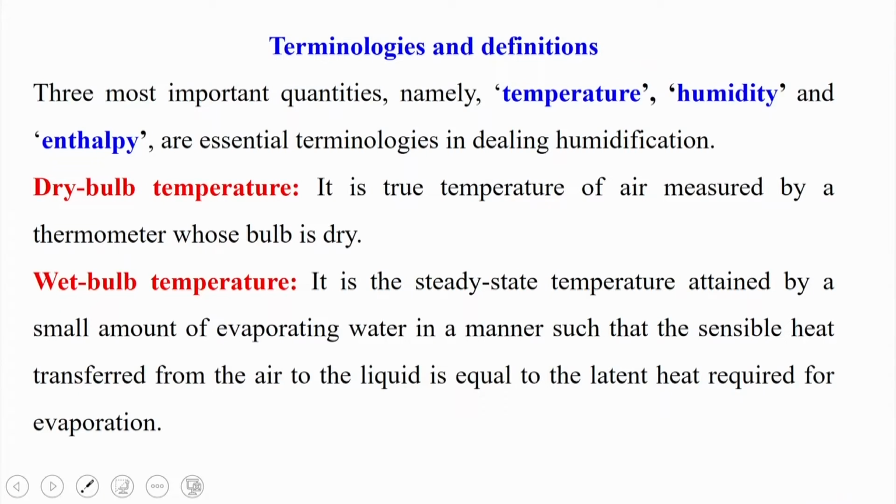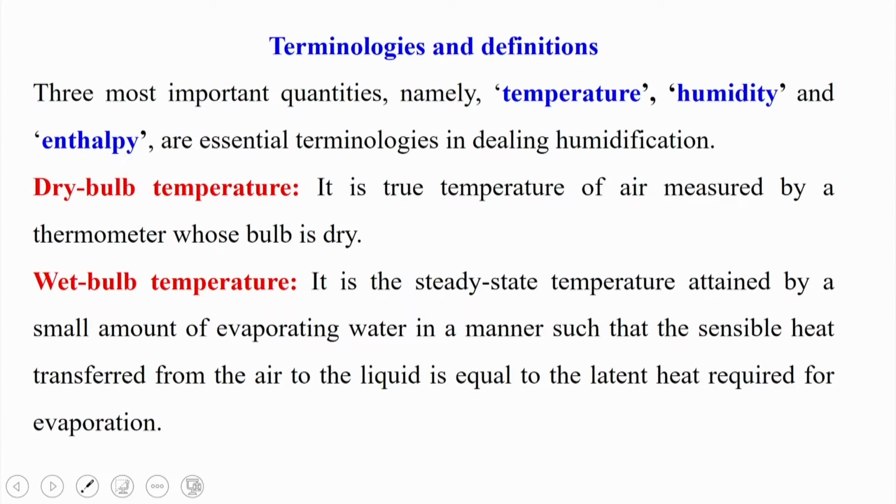In terms of temperature, there are two different types of temperatures. First is dry bulb temperature and second one is wet bulb temperature. Dry bulb temperature is the true temperature of the air measured by a thermometer whose bulb is dry as well as bare.